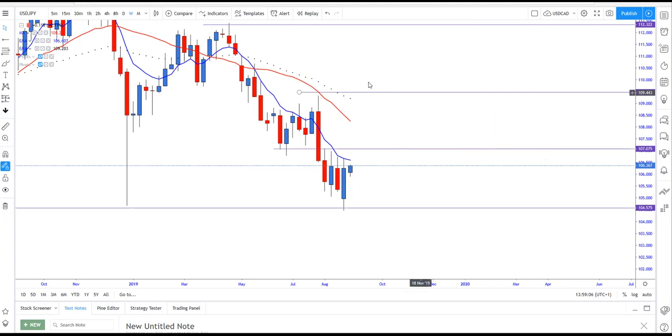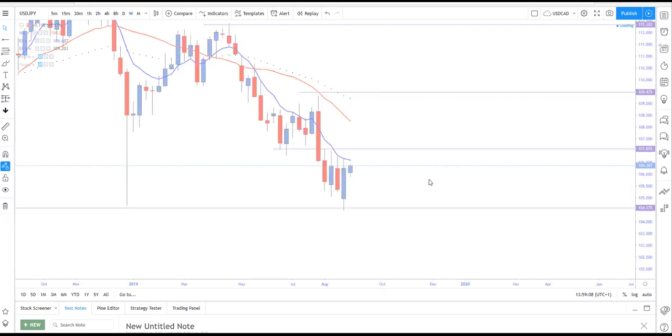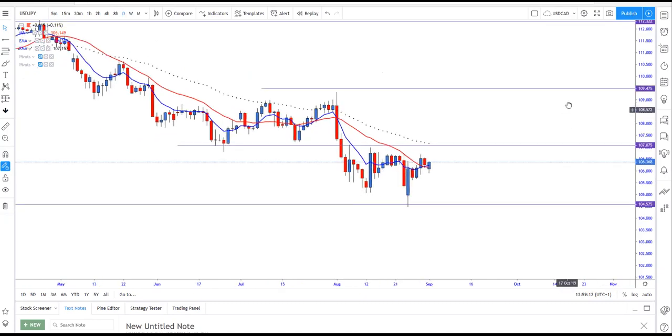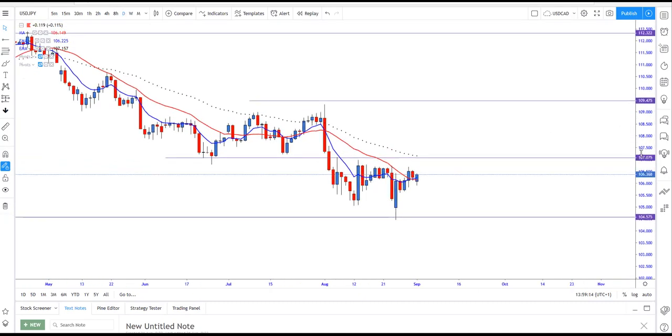So let's try to break it down further. Daily chart. We have a nice range. So let's focus on the daily market structure for a second.